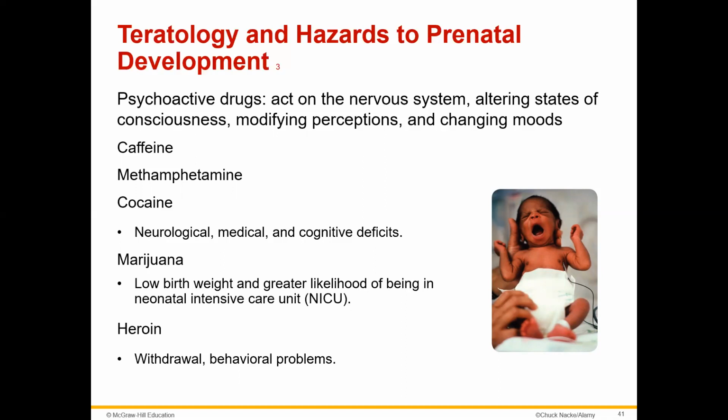Cocaine can, as it says here, cause neurological, medical, and cognitive deficits. You can expect things such as impaired language development is very common if the mother's been on cocaine during pregnancy. Also, information processing deficits. That's where the cognitive deficits come in. They'll often have some difficulties processing information.